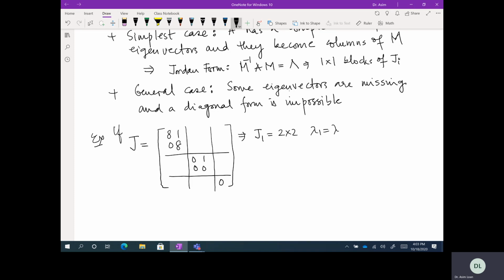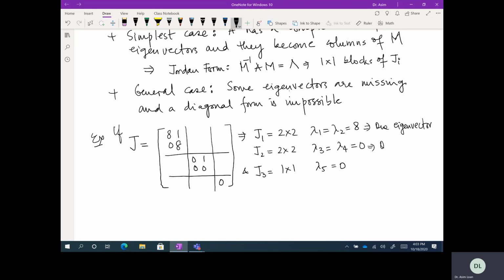Lambda 1 equals lambda 2 equals 8. J2 is again a 2 by 2 block. Lambda 3 equals lambda 4 equals 0. And J3 is a 1 by 1 block. Lambda 5 equals 0. Because each Jordan block has one eigenvector, one is always independent.